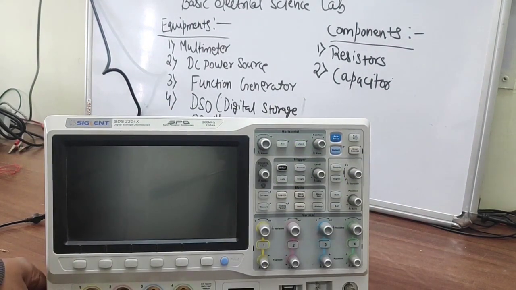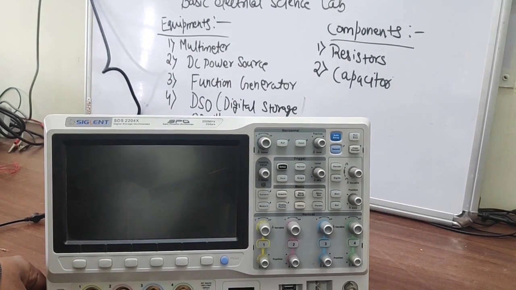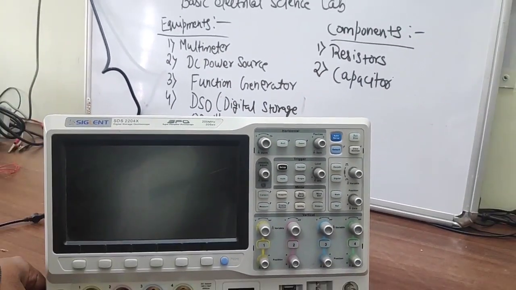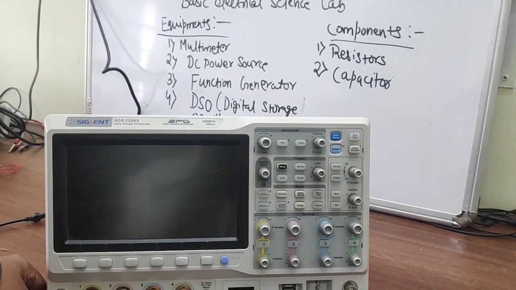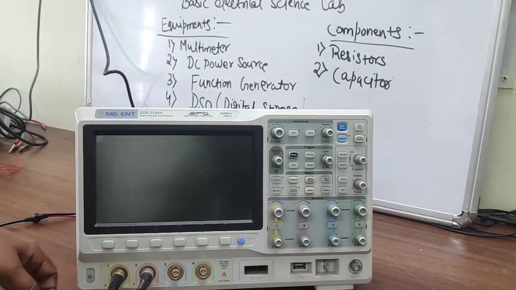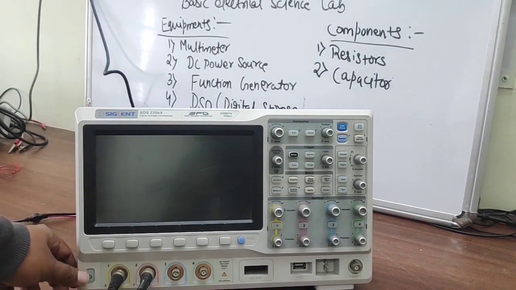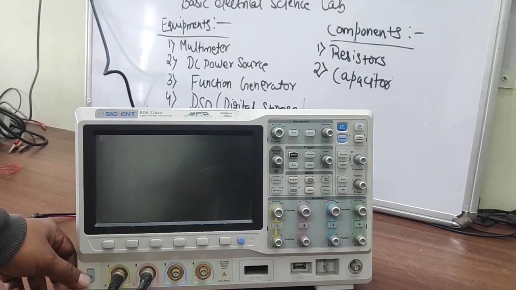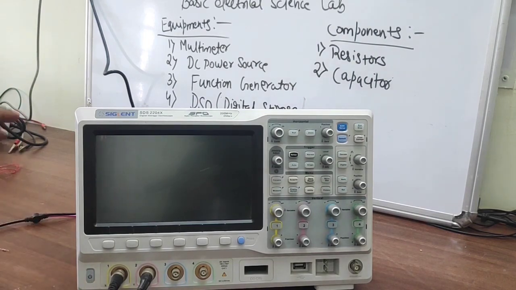So at the bottom end there is the switch button. Firstly I am going to switch on my DSO by my power socket, and then I am going to switch on my DSO.